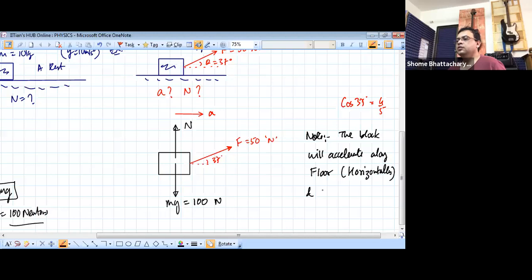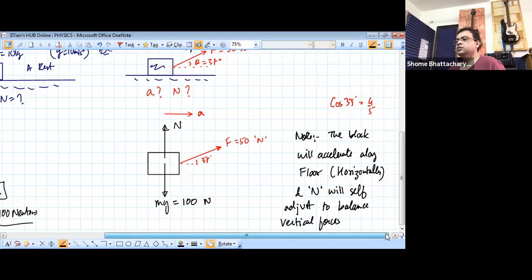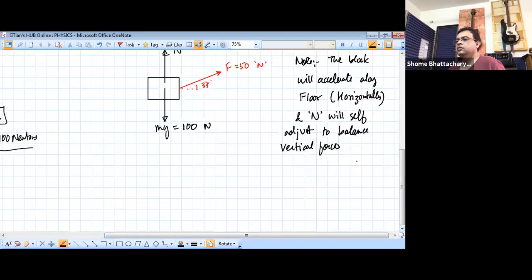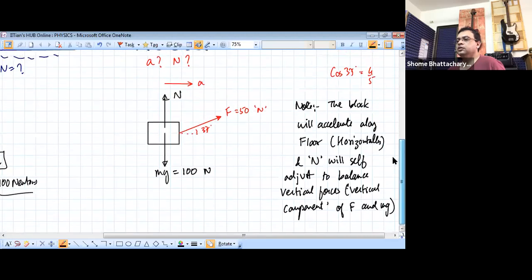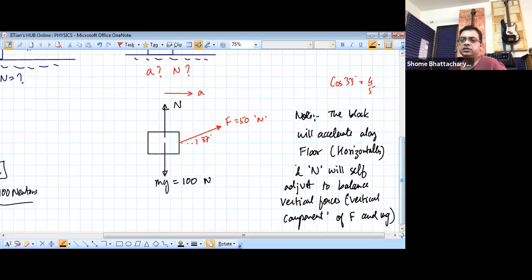And the normal reaction's value will self-adjust to balance vertical forces, that is the vertical component of F and the weight. So this was my point of normal reaction self-adjusting.